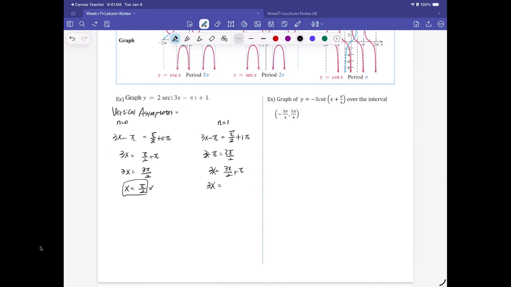So it'll be 5 pi over 2. So x is this. Two, three, 5. Okay, so 5 pi over 6.